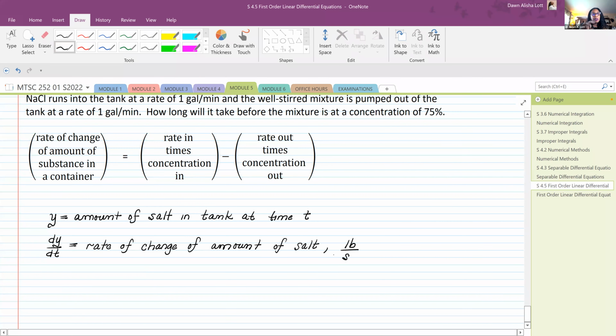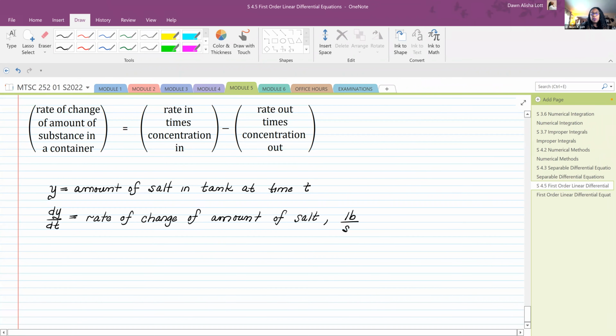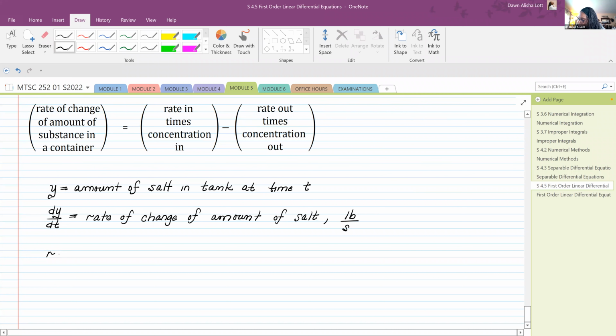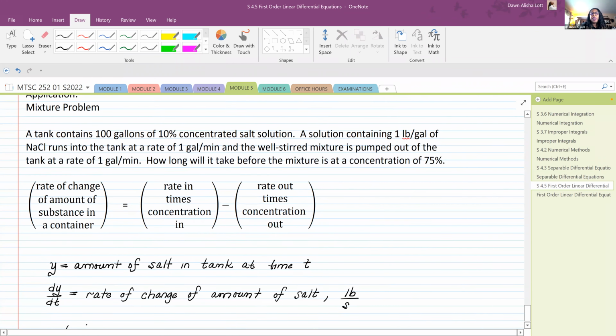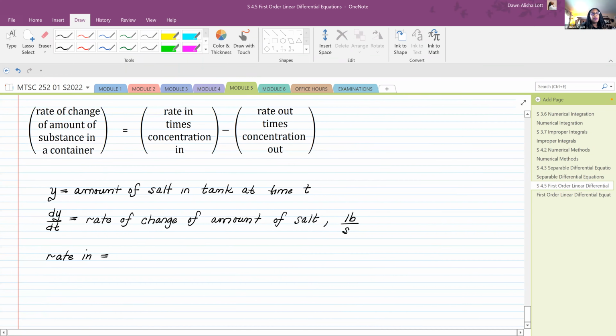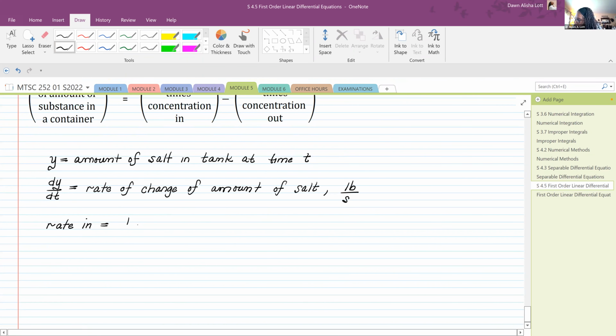Okay, so now let's look at the rate in. Well, the rate in is 1 gallon per minute. I think we're using minutes, not seconds.